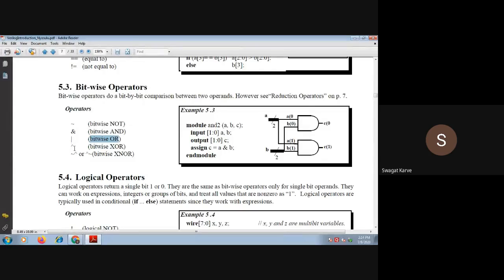Then the sign which is similar to a mountain or triangle, a vertical triangle, that is bitwise XOR. Then this horizontal S followed by this triangle, or this triangle followed by horizontal S, is bitwise XNOR. So these are the different bitwise logical operators that you can use in Verilog.